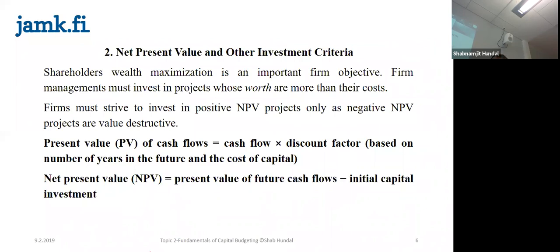And if the net present value is positive, if the NPV is positive, more than 0, then the project is, I will not say accepted, but the project will now be qualified to be accepted for the next stage.